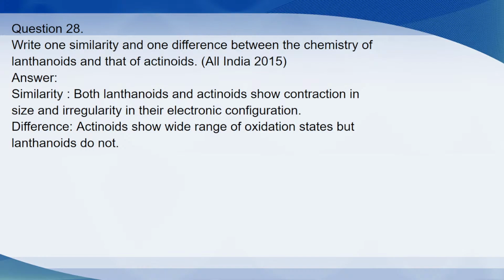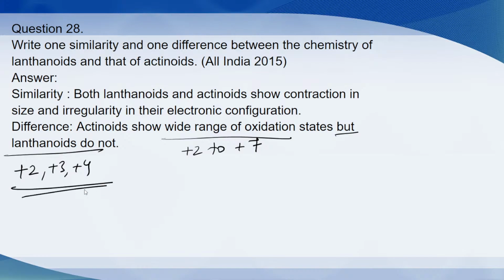And the difference is that actinoids show a wide range of oxidation states, from +2 to +7, but lanthanoids can show only +2, +3 and +4. Let us write the whole similarities and differences. First, let us write the similarities between lanthanoids and actinoids.